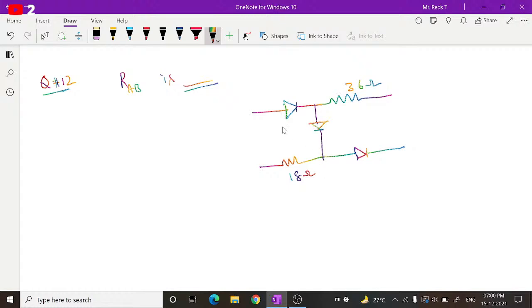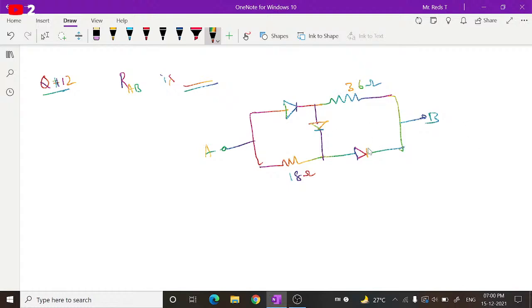These two points are connected to points A and B. What is the effective resistance between A and B is the question.